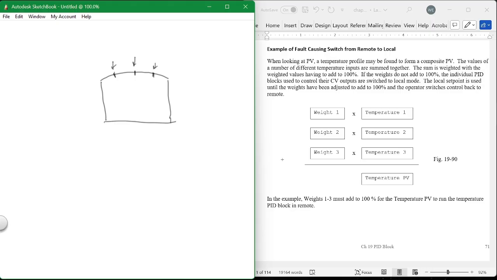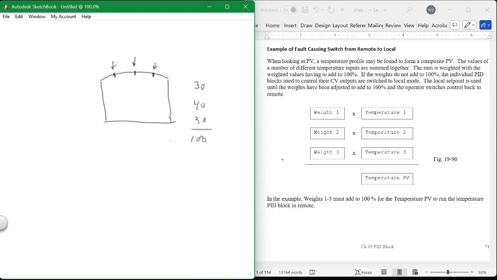So basically, you have a weight times each of your temperatures, and you add those up, and that gives the final temperature that you're going to feed into your PID block. Okay, but your weights have to add to 100%. So if one is 30 and one is 40, the other would have to be 30 to get up to 100, or else you do not have a correct proportion. So if this does not add to 100, what do we do? We have no choice.